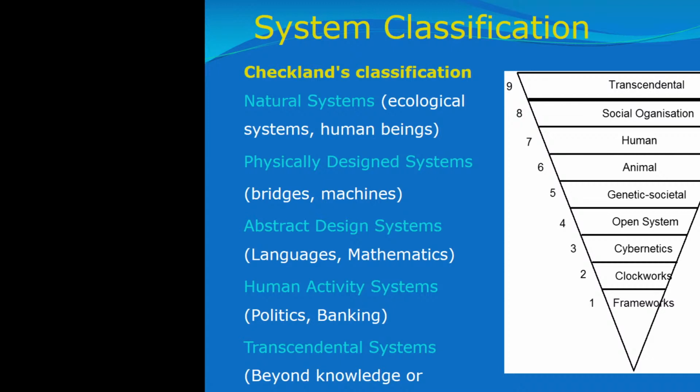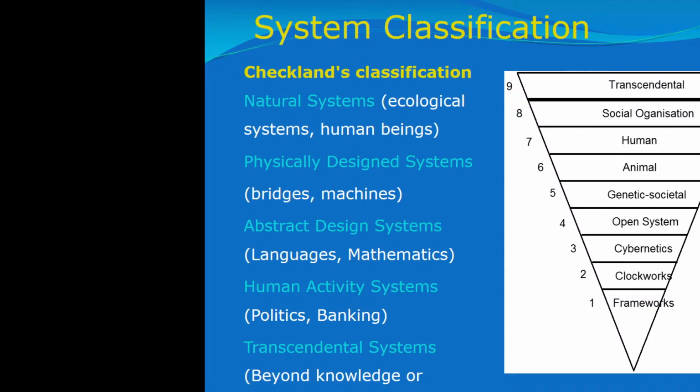There are different classifications in system theory. Peter Checkland in 1999 divided systems into 5 classes. Natural systems, the examples are ecological systems, human beings. Physically designed systems, examples are bridges, different physical machines.